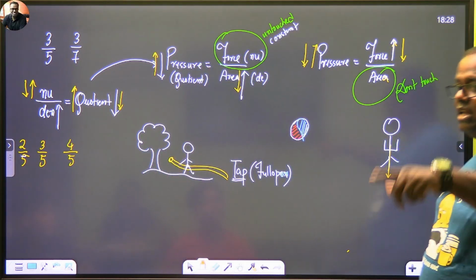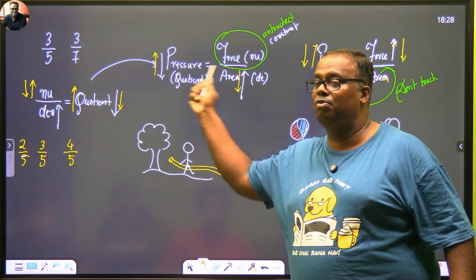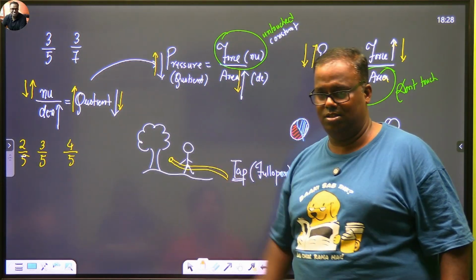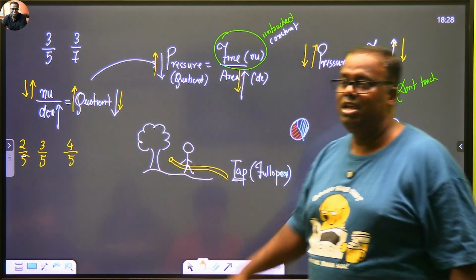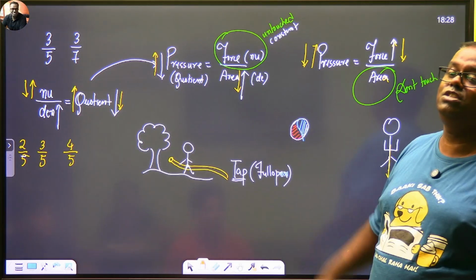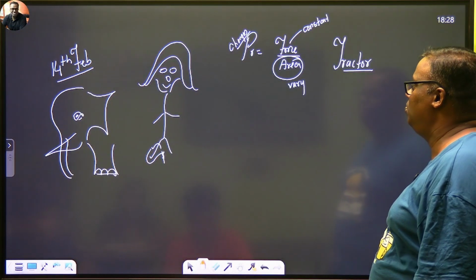So now, again answering your question: force increases, pressure increases, provided area is kept constant. Area increases, pressure decreases. Area decreases, pressure increases, provided force is kept constant. So let's write one more line before we end for today.